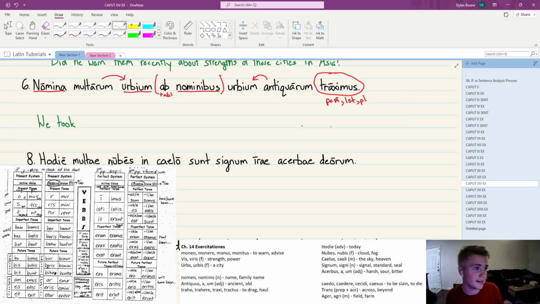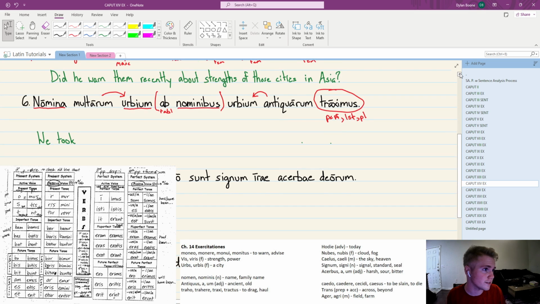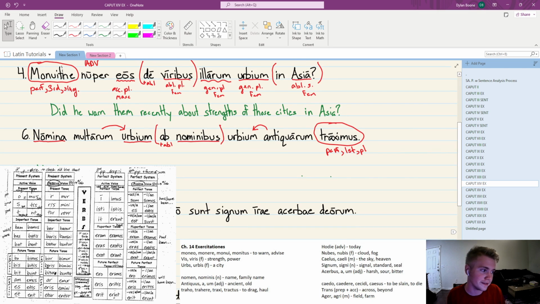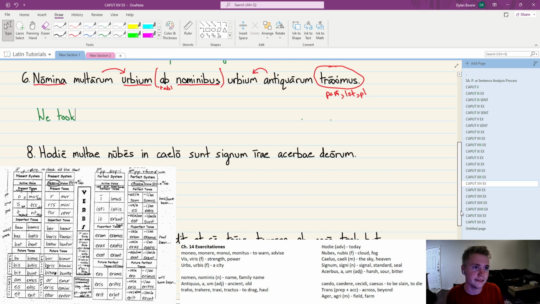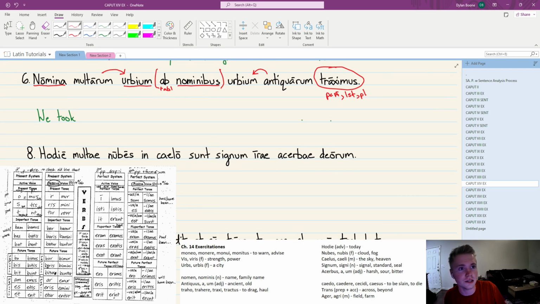Moving on. Easy one to knock out here. Above, we just saw that urbium is genitive plural feminine, right? So for the same exact reason, i-stem, everything like that we just justified, we can apply that to two words in the sentence. And you'll see that multarum and antiquarum, they're first, second declension adjectives, -arum, genitive plural feminine.